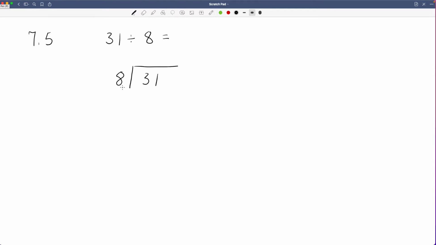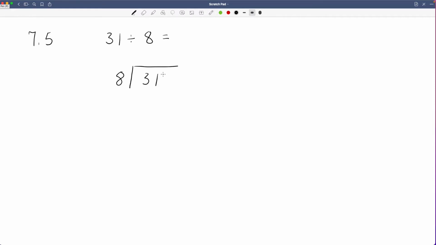Well, I already know, because I know my multiplication tables, that 31 is not in the multiplication tables for 8. I know that 8 times 4 is 32, and I know that 8 times 3 is 24. And this is not 24, and this is not 32. So my answer is going to be a decimal answer.